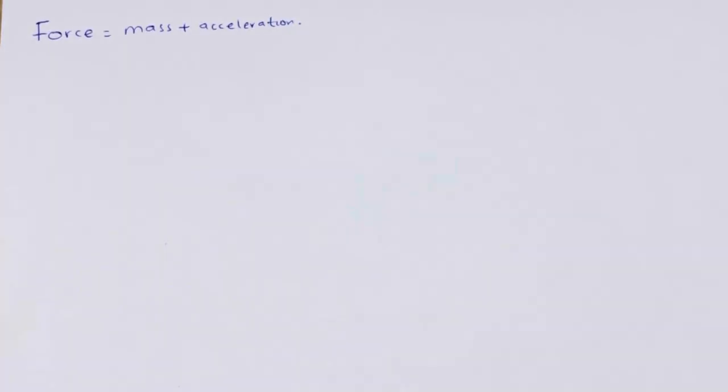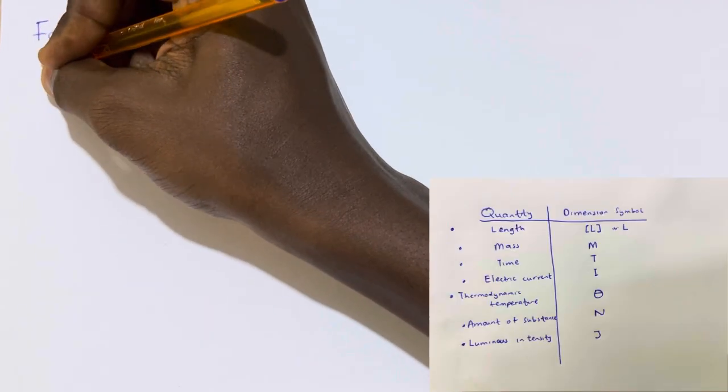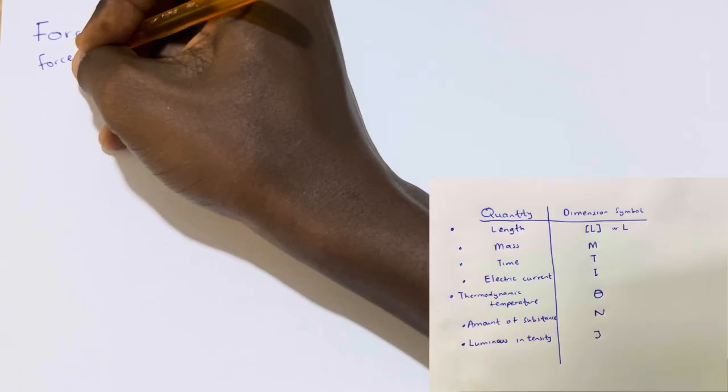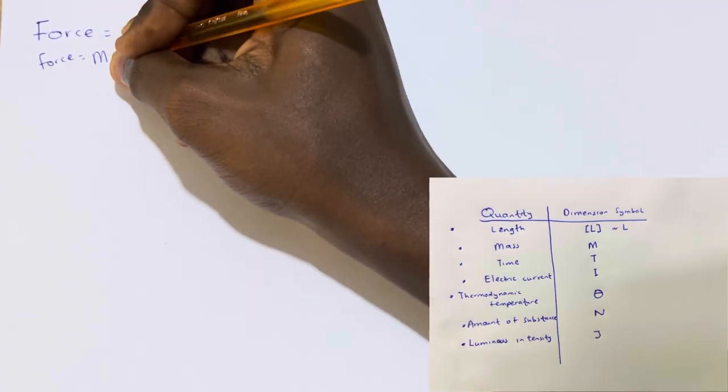Try pausing the video and solve for this, whether this force formula is dimensionally correct or not. It says that force equals mass plus acceleration. Okay, so we know that with the formula for force, force is equal to the mass times the acceleration. So we have force has the dimension of mass times acceleration.